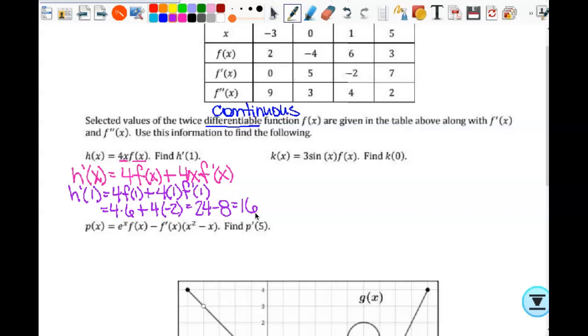All right, you find the derivative of k. Find k prime, and we'll make sure we agree before we move on.